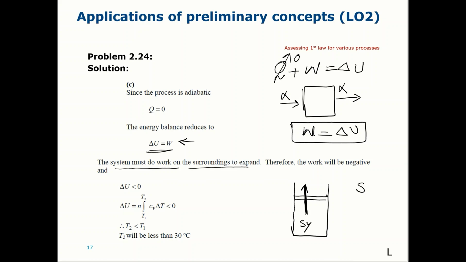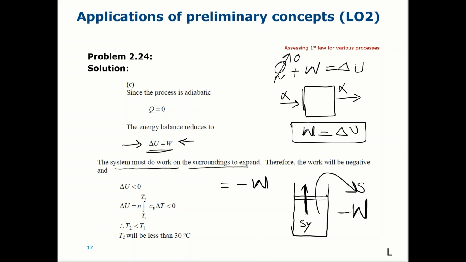System is doing work on your surrounding. If system is doing work on the surrounding, that means work is negative. So if you see this equation again, if we have negative W, what do you think? That means, because W is equal to delta U, right?